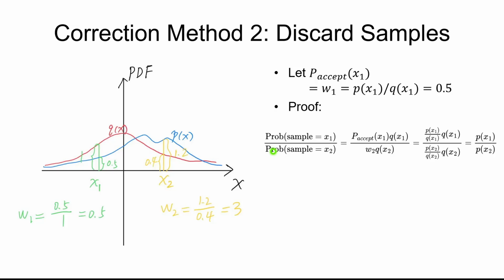Now the ratio between the probability of getting these two samples is as follows.